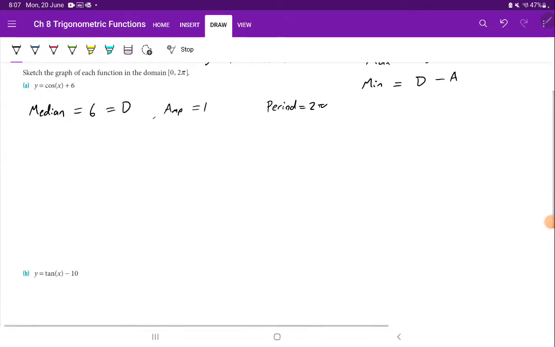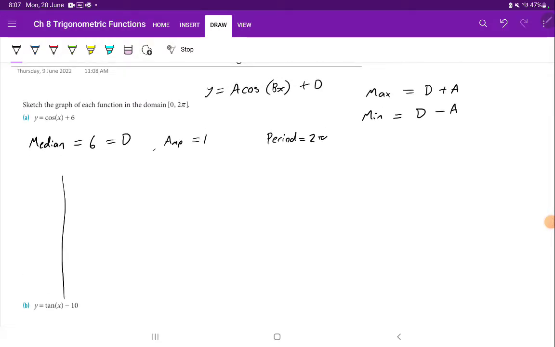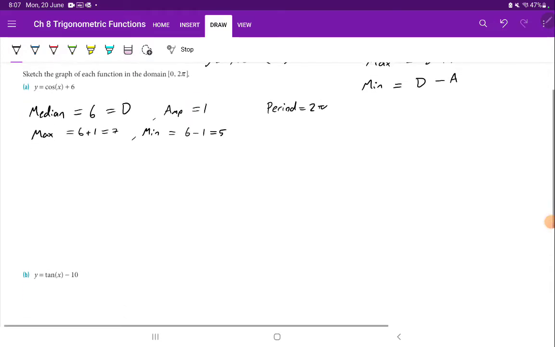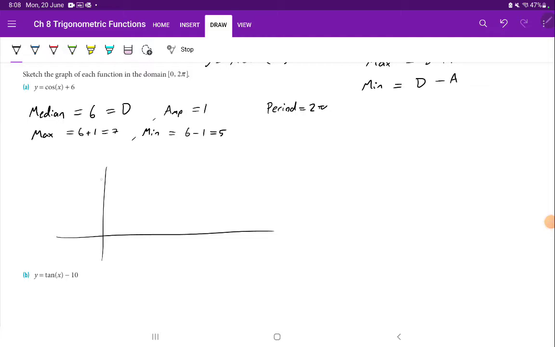So let's have a quick sketch. Since my median is 6 and my amplitude is 1, my maximum is going to be 6 plus 1, which is 7, and my minimum is going to be 6 minus 1, which is 5. So what I like to do is draw 3 horizontal lines, each representing these 3 values, along my x-axis.